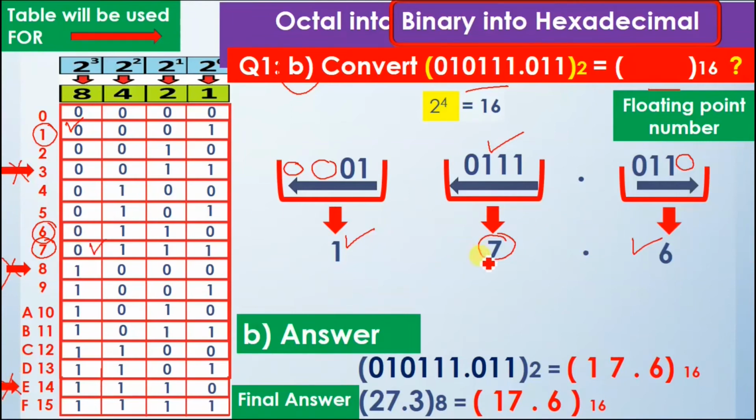So now we have calculated the number, and we can say that this binary number is equal to 17.6 in hexadecimal. And we can also say that the number 27.3 in octal is equal to 17.6 in hexadecimal, as we converted this octal number into binary first and then this binary number into this hexadecimal number.